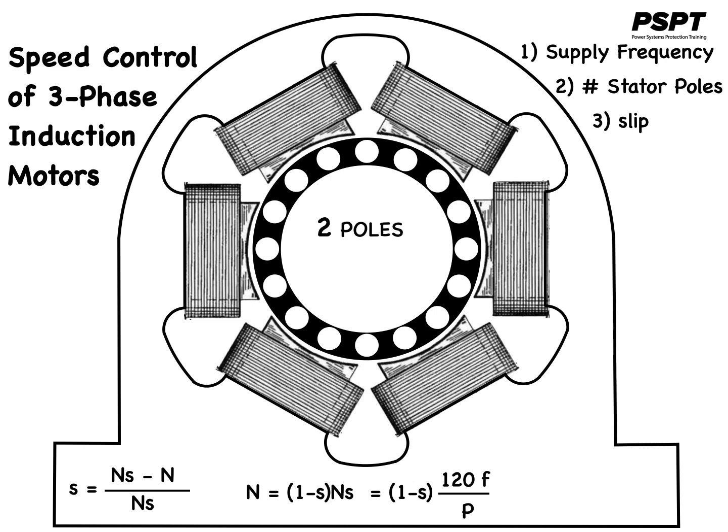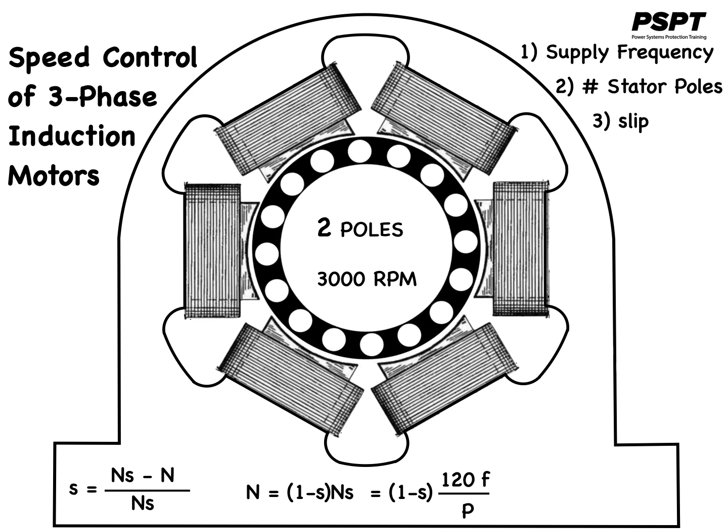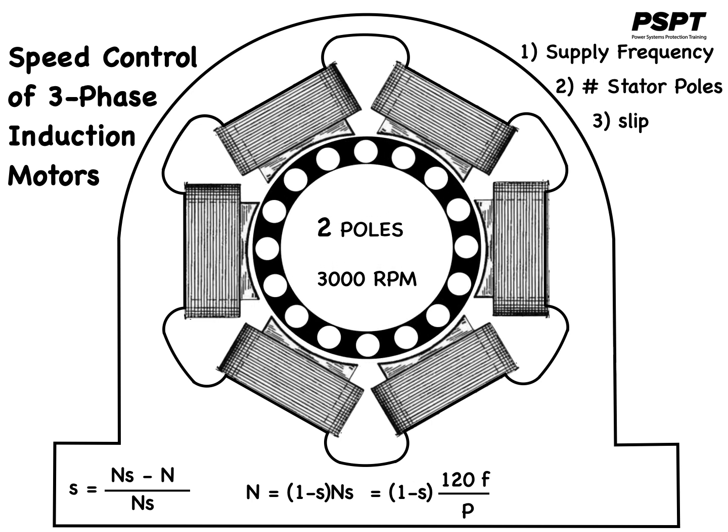The speed of a squirrel cage motor can be changed by changing the number of poles. Only 2 or 4 speeds are possible by this method. For simplicity and learning purposes, we used a 2-pole induction motor.